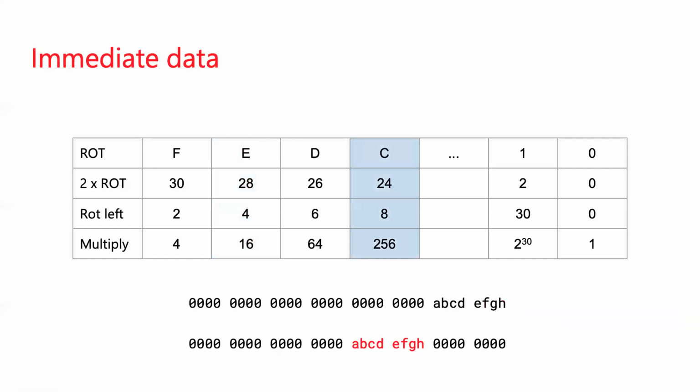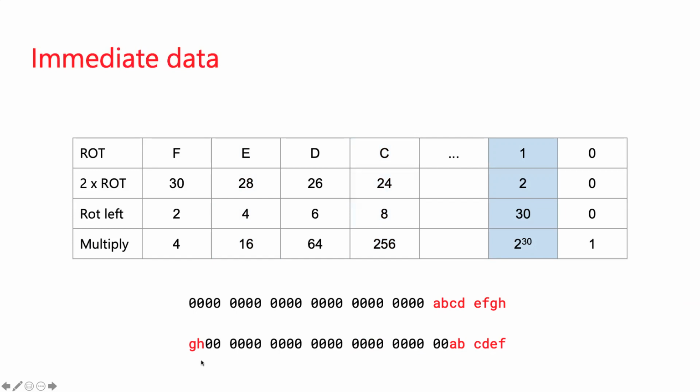If you said rotate to the right by 24 bits, you would say that with C, and that'd be the same as rotating them to the left by 8 bits. Or any amount you want. If you rotate to the right by 2 bits, your bits will slide to the right by 2 positions, and the 2 that were over here at the right will wrap around to the left.